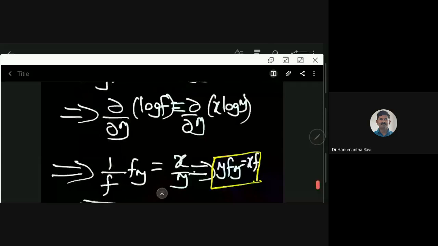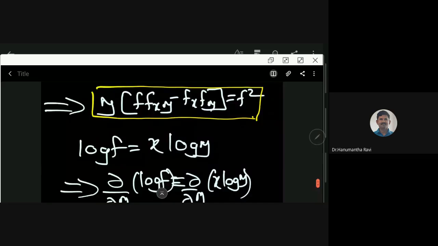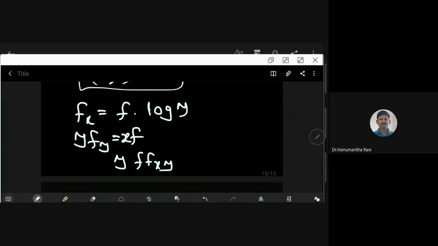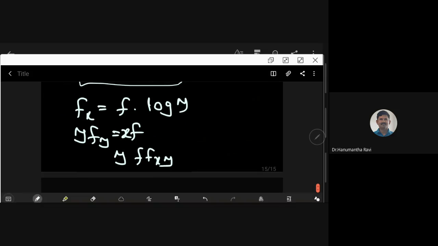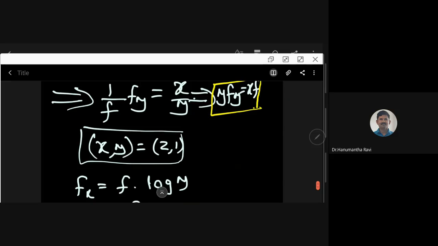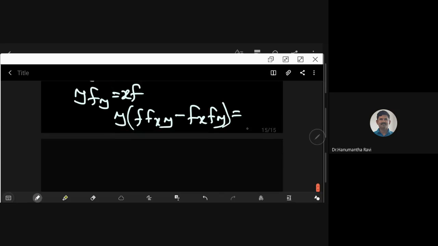The third one is here: y into f_xy, minus f_x into f_y, is equal to f square. Right, good. f square here.